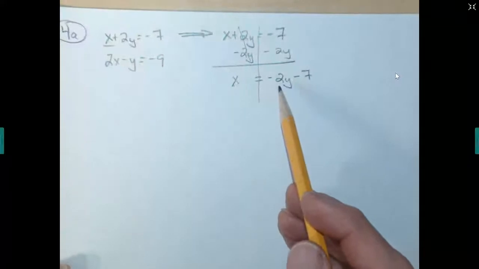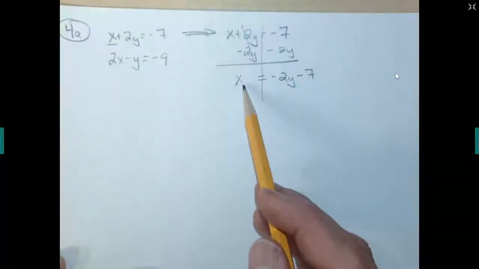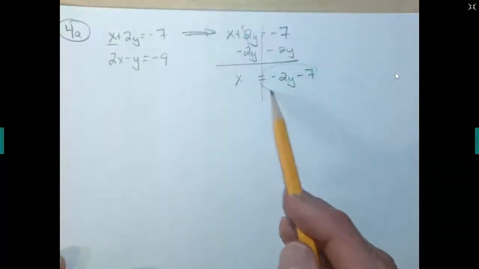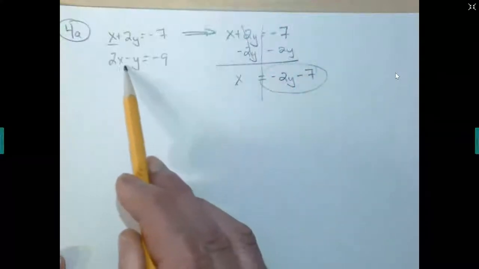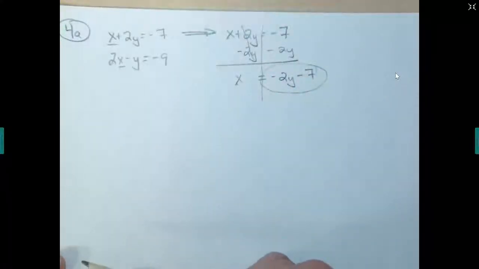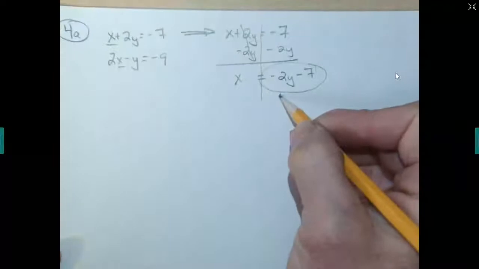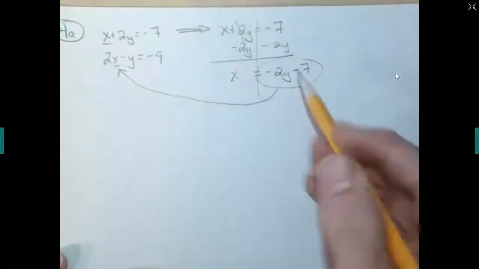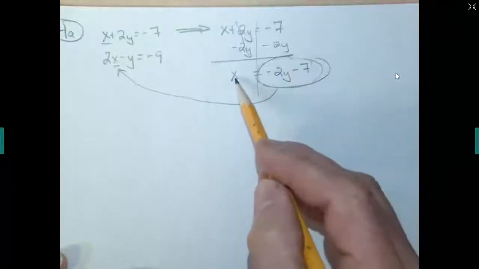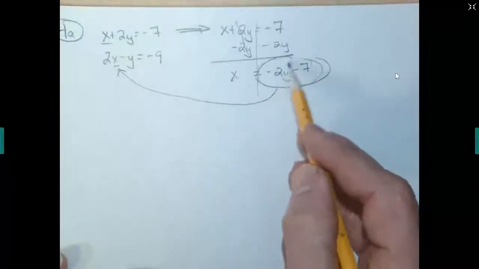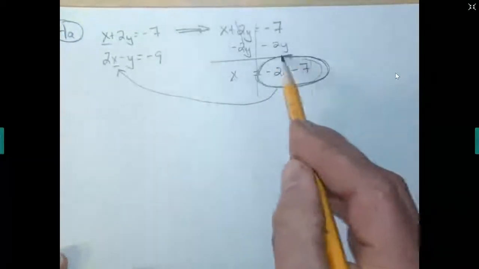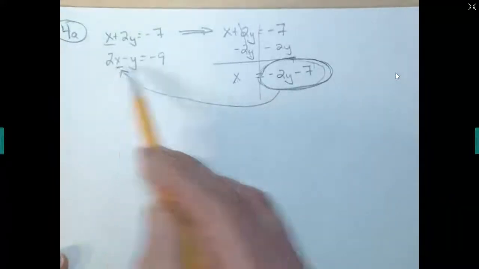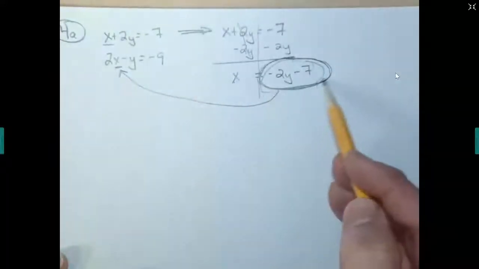Now, when it says solve by substitution, what I'm going to do is substitute this for x in my other equation. I'm going to plug this in right here for x. This whole thing, because that's what x equals, right? So wherever I see an x, I can plug in this.